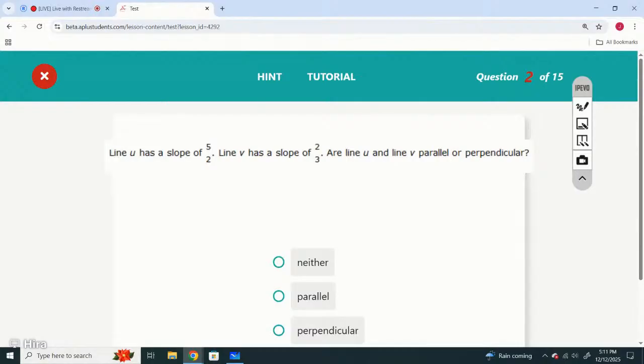Line U has a slope of 5 by 2. Line V has a slope of 2 by 3. Are line U and line V parallel or perpendicular?